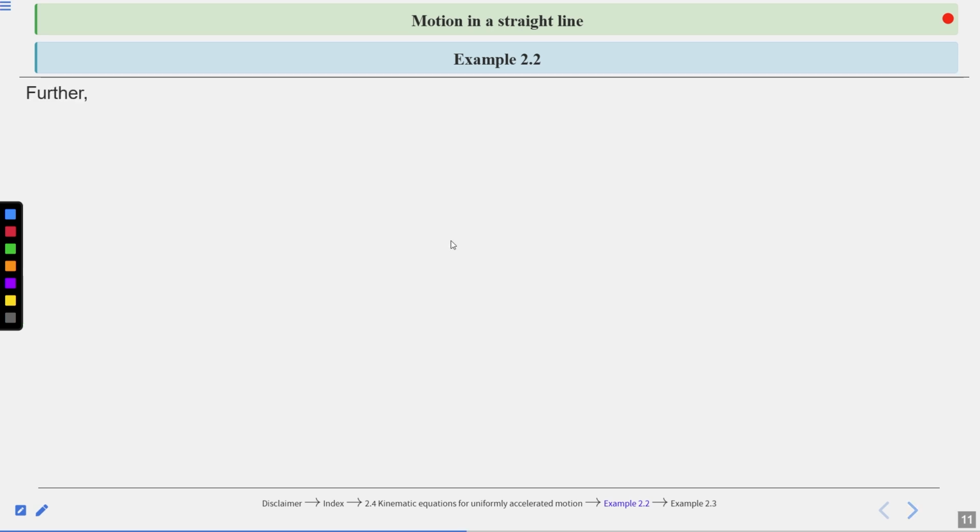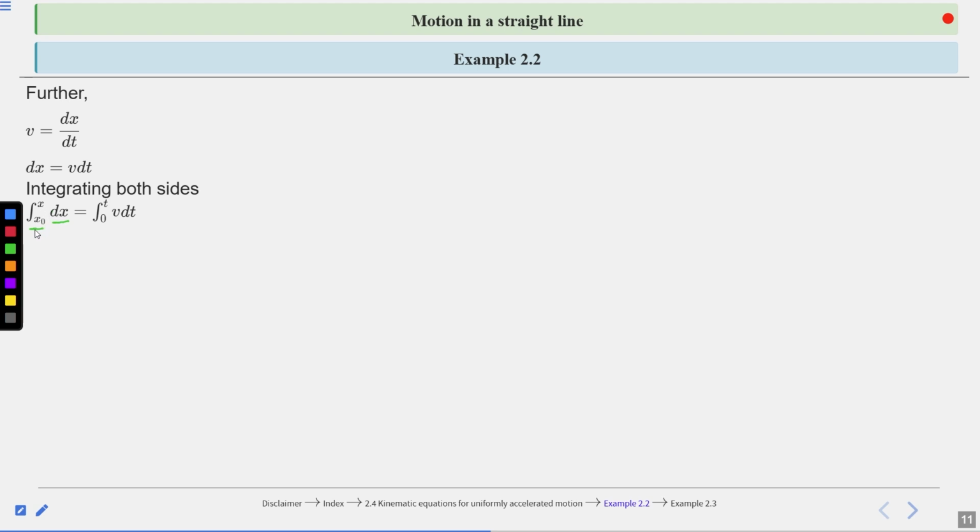Clear? Example 2.2. Further, v is equal to dx upon dt. So dx is equal to v dt. Integrating both sides, we get the integration of dx with lower limit x naught, the initial position, and final position x.